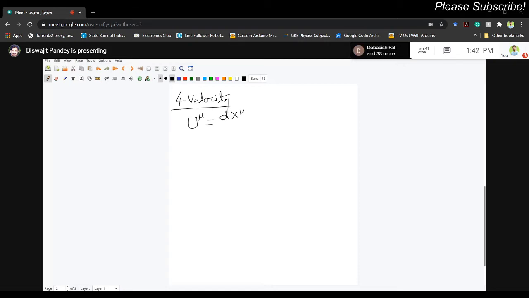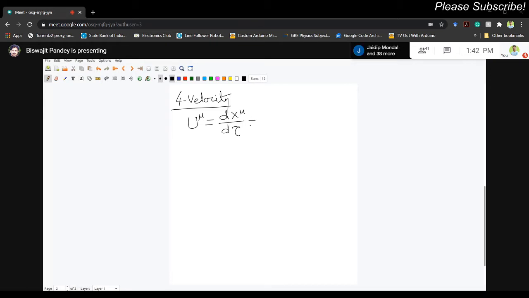If you remember, it is the derivative of the space-time interval with respect to the proper time, right? And this quantity again transforms like a space-time four-vector. Why? Because d tau is Lorentz invariant, so it just transforms like the space-time four-vector.